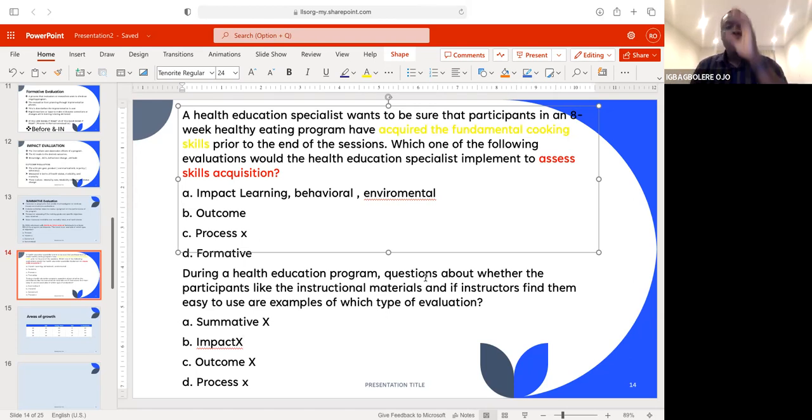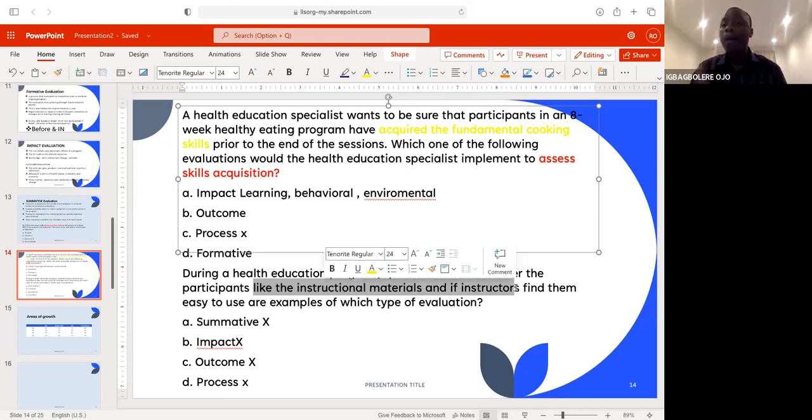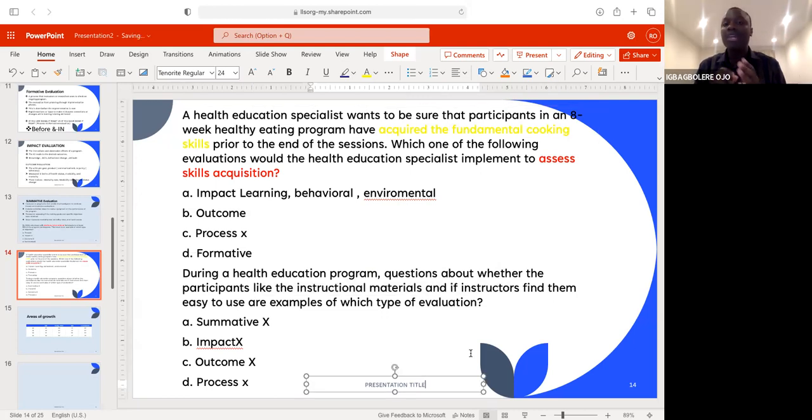All right. So during a health education program, questions whether participants like the instructional materials and if instructors find them easy to use are examples of what? So basically, we are asking participants if they like the instructional materials and if they found them helpful. So it means that the implementation has been done.